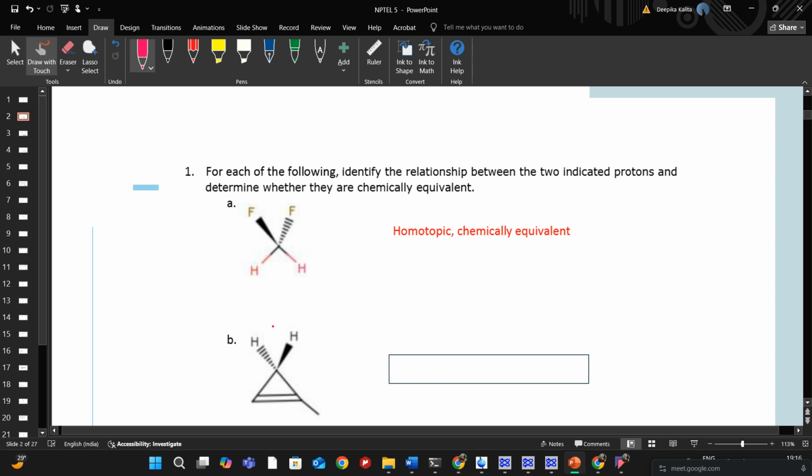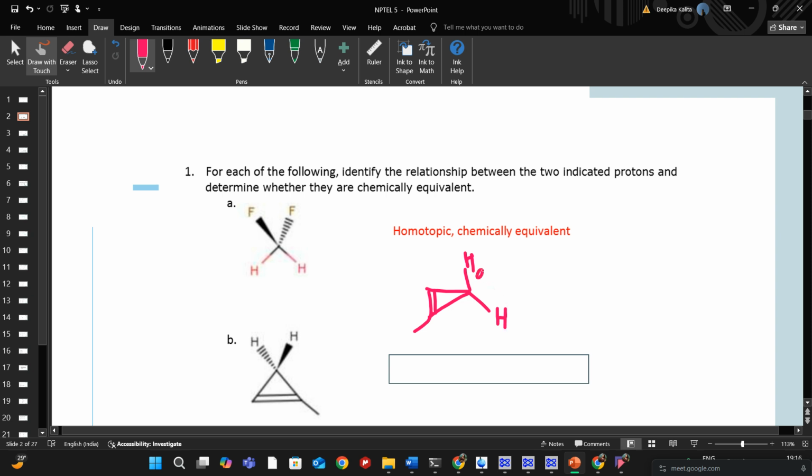So here, if you look at this molecule, imagine this molecule as having a cyclopropene ring, which will be a planar ring, and above and below we have 2 protons.